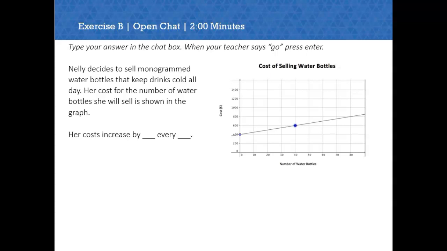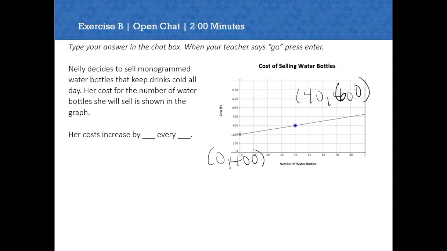Same problem. She started at $400, but now they want to know her cost increases what by every what. So we have two things to find, which means we're talking about the rate, which is the slope. So we have 2 points, just like we did before. 600.